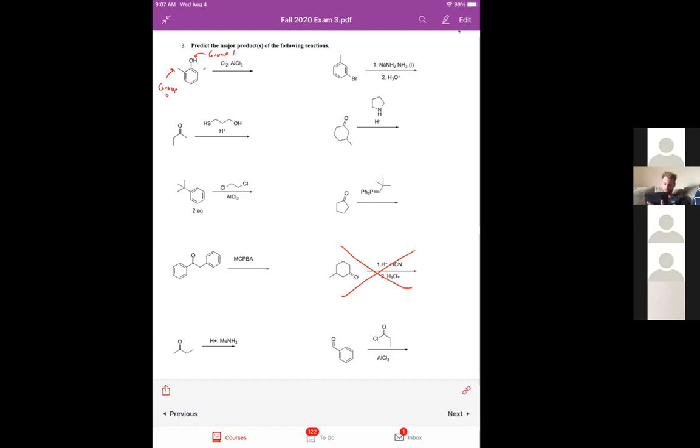We can either add to this position or this position. Chlorine is pretty small. Our other ortho is blocked. Chlorine is pretty small, so you're going to end up probably getting both in pretty good yield. So this could lead to either of these two products.